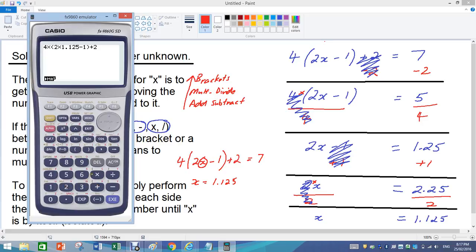Now that should be 7, because we're saying that all this stuff is 7. So let's press enter or equals, and correct. So it's 7. So we know that x does in fact equal 1.125, so we were right.